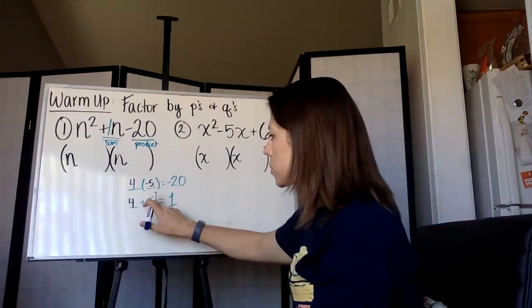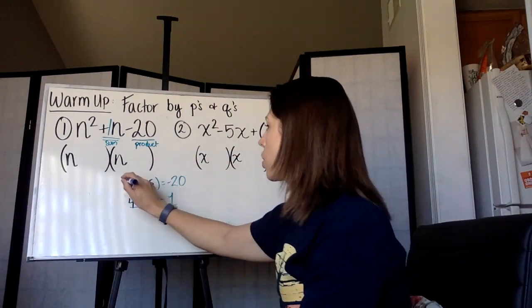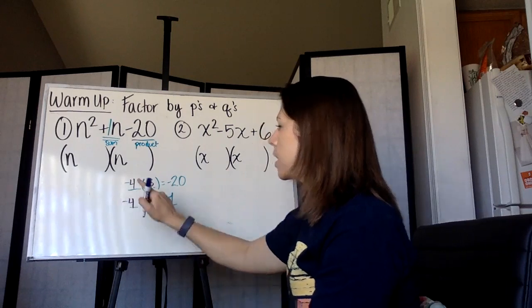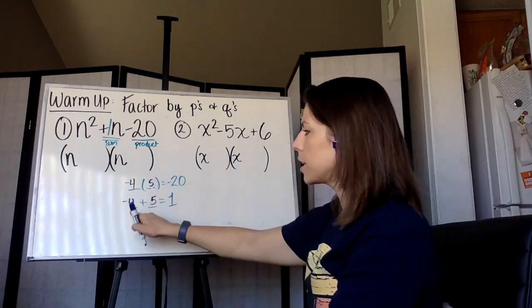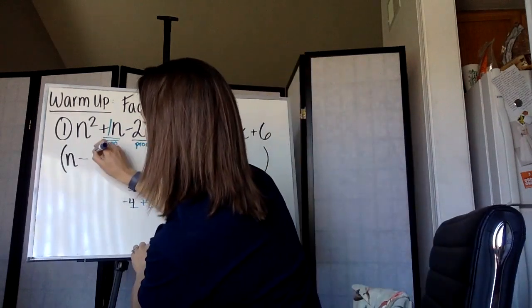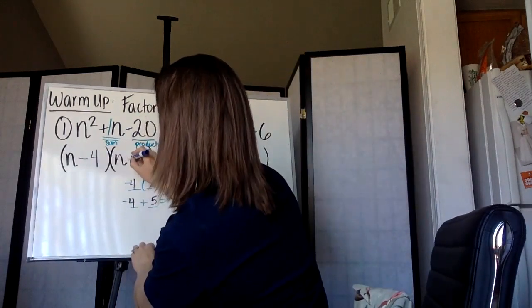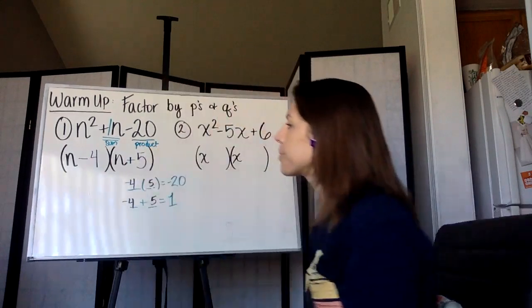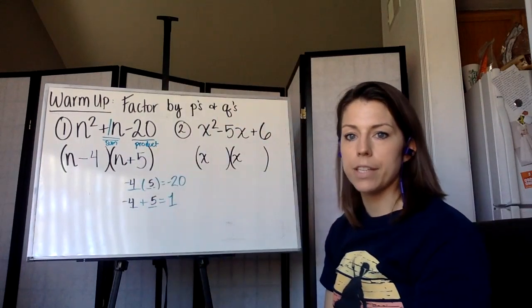All we have to do is switch the negative over to 4. -4 times 5 is -20. -4 plus 5 is 1, so our 2 numbers are -4 and +5. And that's how you play the P's and Q's game to factor.